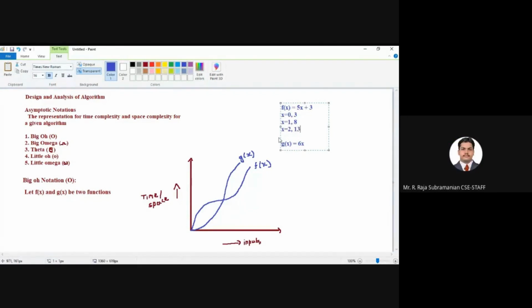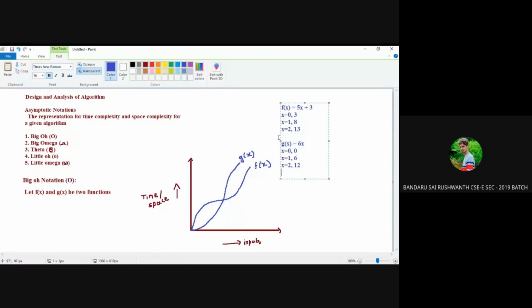Now, coming to g of x, the same x is equal to 0? 0. x is equal to 1? 6. x is equal to 2? 12. So far so good. Now I'm asking you a question: until x is equal to 2, who is highest?